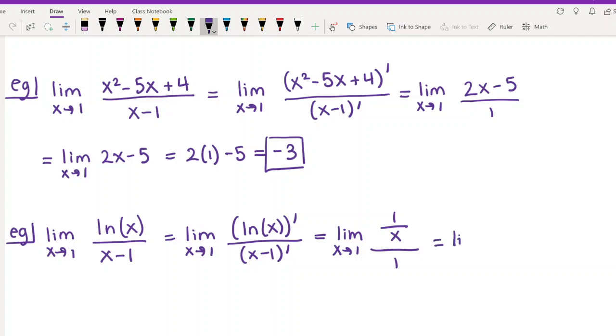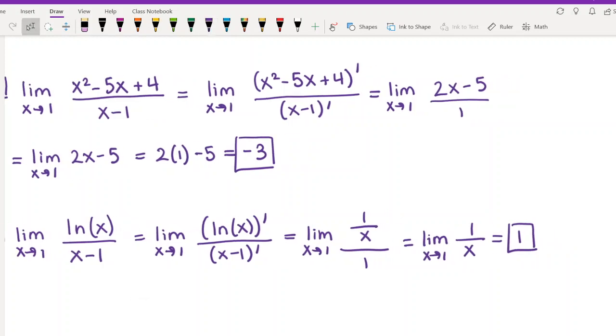And so what is the limit as x approaches 1 of 1 over x? It's just equal to 1. So again, this is another example where we didn't have methods to take limits like this in the past. In the past, if we had tried to do this one, we would have 0 over 0 and just be like, well, I don't know, it's undefined, we are stuck, we don't have any algebra we can do. And so now that we have derivatives, that's what allows us to come back and do it this way.